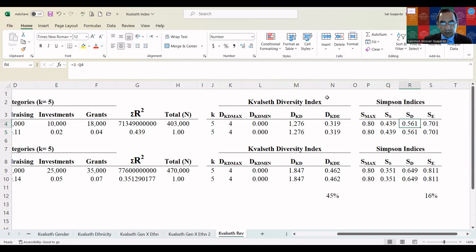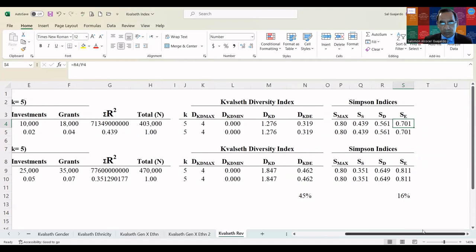To obtain the Simpson diversity score, recall from episode 1, it's 1 minus the Simpson concentration score, which is going to be 1 minus 0.439. That gives me the Simpson diversity score of 0.561, indicating that there's a 56% chance that if I select two sources of revenue, they're going to differ. The Simpson evenness or standardized score is going to be the Simpson diversity score, 0.561, divided by the maximum score, 0.80.